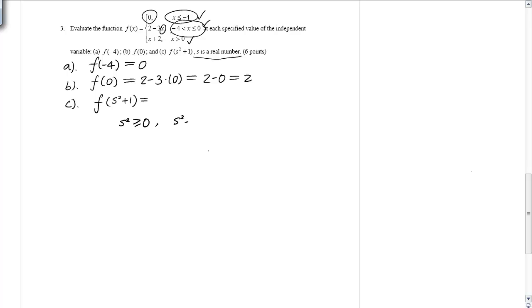Therefore, s squared plus 1 can only be bigger than 0. It must be a positive value. Based on that, we know that we need to choose the third equation because that equation applies when x is bigger than 0. And again, x is a placeholder. We need to replace x by its value. In this case, s squared plus 1 plus another 2. So the answer is s squared plus 3.